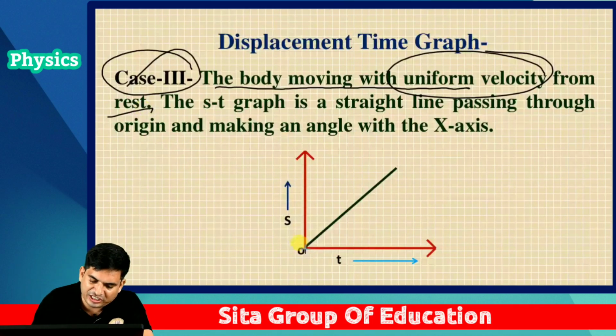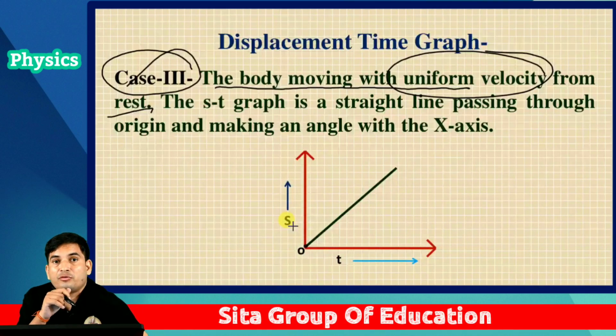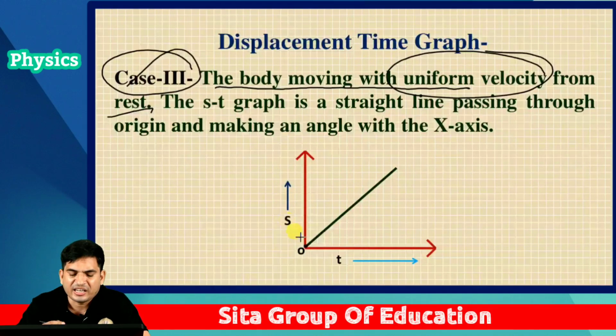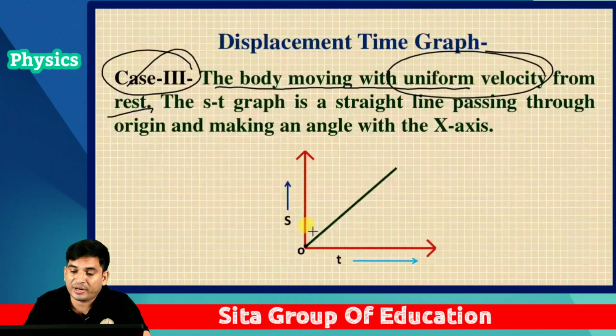From rest, this is point A, rest. It has not moved a little bit. In the previous case, you saw that it moved a little bit and the displacement was constant. After moving some distance, then the uniform motion, not like this. This is from rest. The body moving with uniform velocity from rest. This is the position of rest, O point, origin.